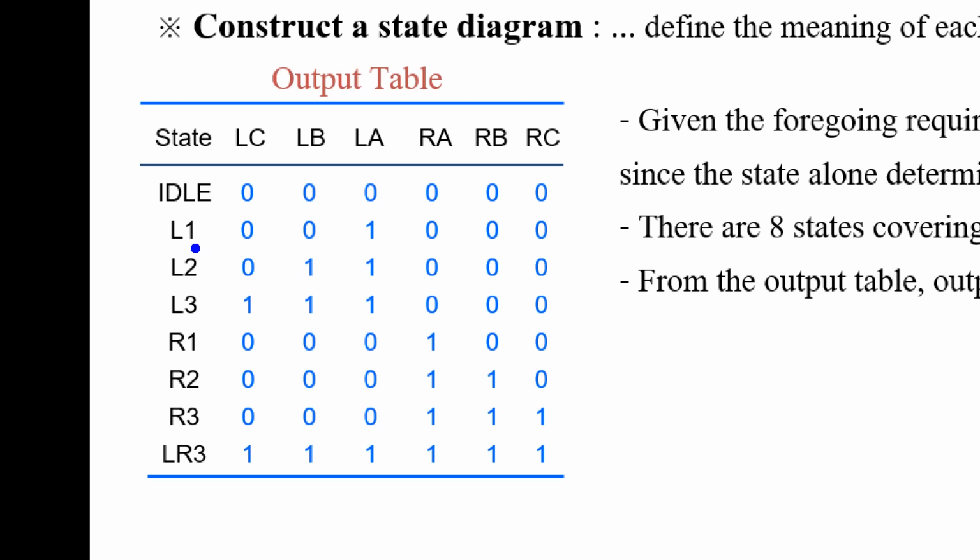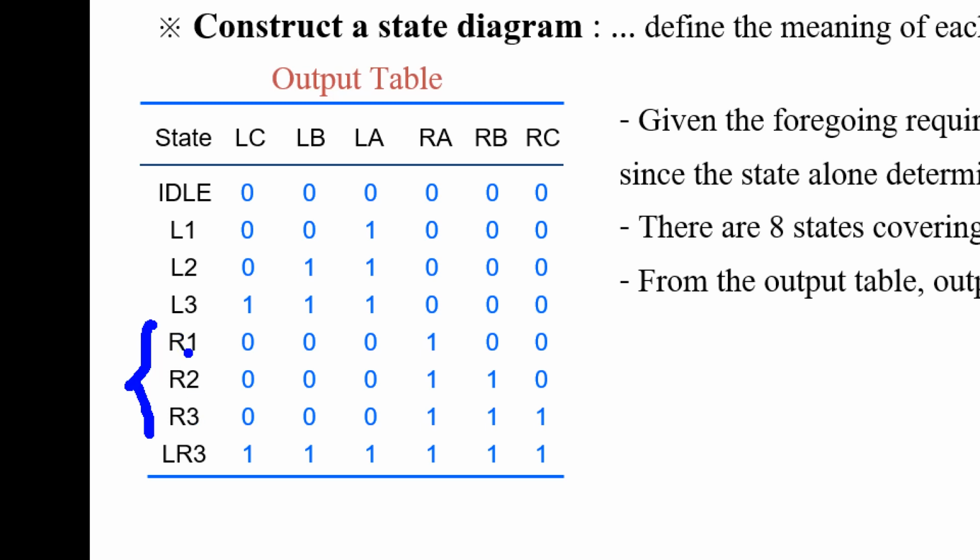State L1, one output for the left-hand side of the tail light active. L2, two lamps active. L3, three outputs for the left-hand side active. Similarly, for the right-hand side, there are states R1, R2, and R3.